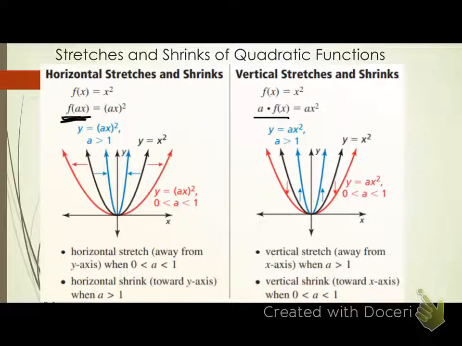So it's getting pulled away from the x-axis. It's stretching it upward, making it skinny. Whenever A is between 0 and 1, it's a vertical shrink. It's stretching or shrinking towards the x-axis. Okay? Any questions about any of that? Still our same formulas. Okay, can I move on?